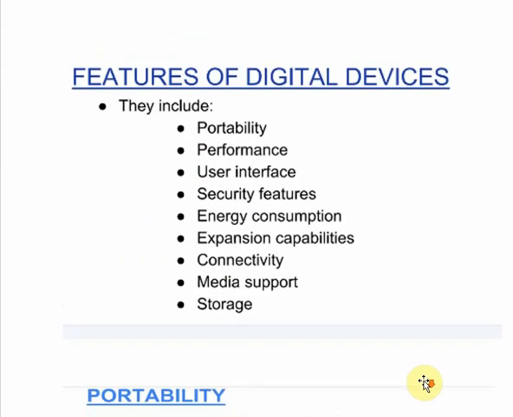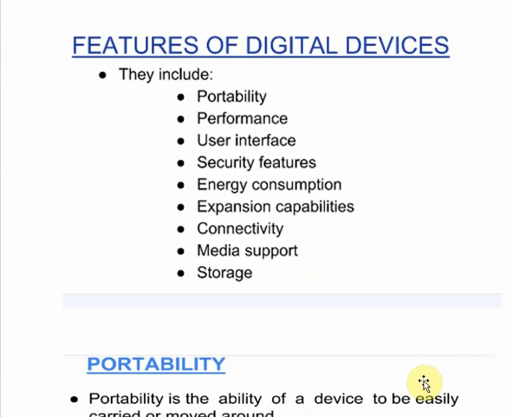Then another thing we need to understand here, features of digital devices, meaning these properties, right? Portability, performance, user interface, security, energy consumption, expansion capability, connectivity, media support, storage. All these features are included with digital devices.